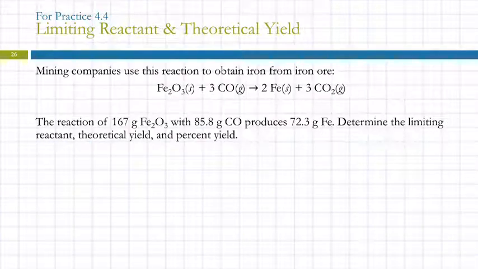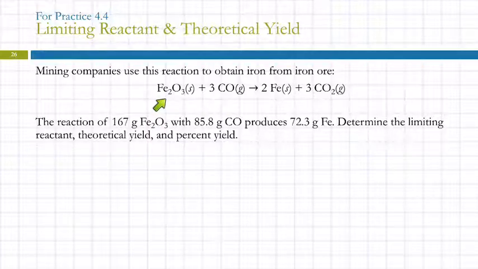Let's do another one. Mining companies use this reaction to obtain iron from iron ore. Iron ore is the stuff they dig up out of the ground. It's a mixture of dirt and useless things and compounds that contain iron. And so this particular iron ore is iron 3 oxide.